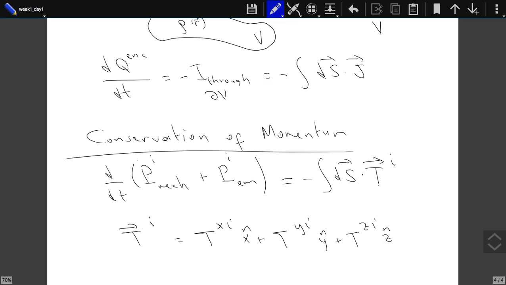So a momentum, let's say, in the y direction is carried in the x direction. This is what that tensor expression is. So you see, if you are talking about the x component of the momentum, it might be flowing out of my surface, but it might be flowing out in the y direction.